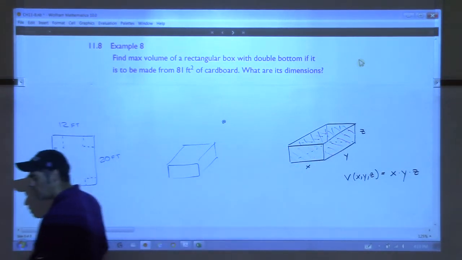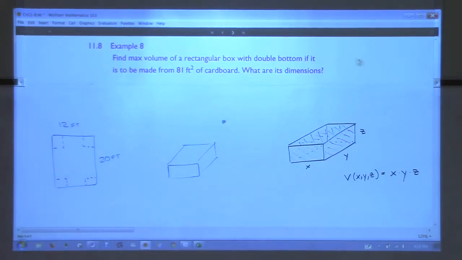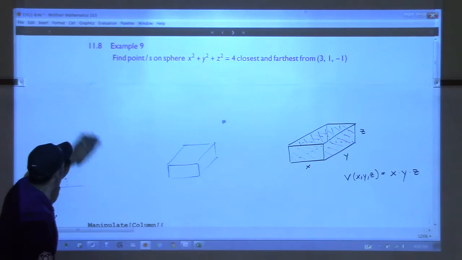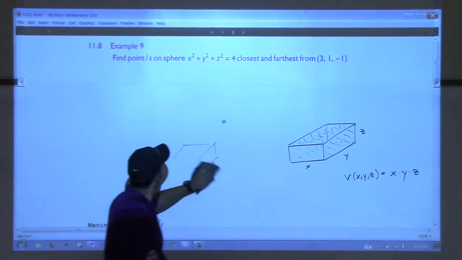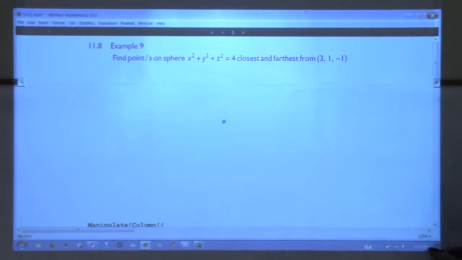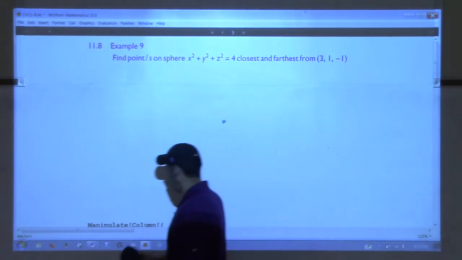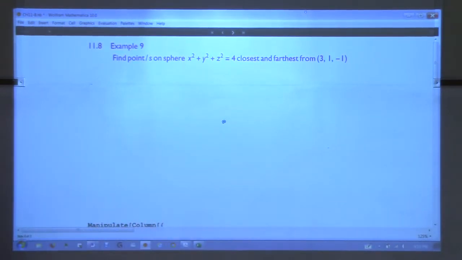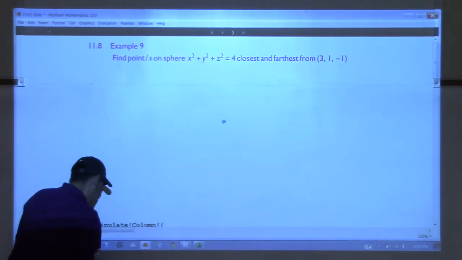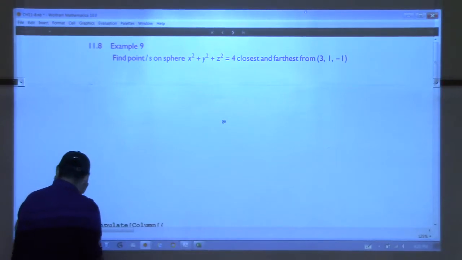Okay, let's see if there's anything else here. Another one where we can set this up and not go through the work. Find the point or points on the sphere, and so on, closest and farthest from the point (3, 1, -1).